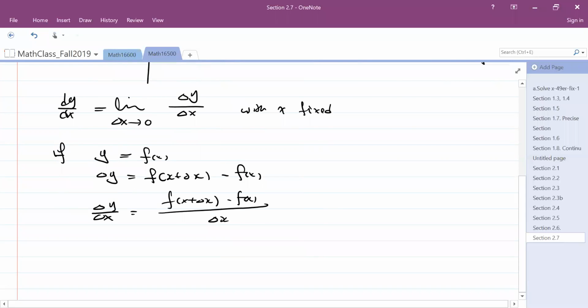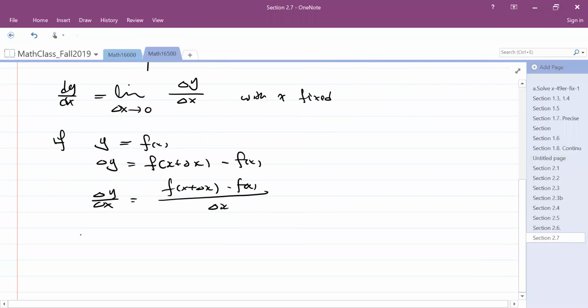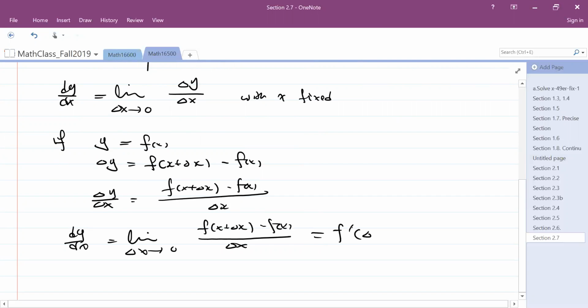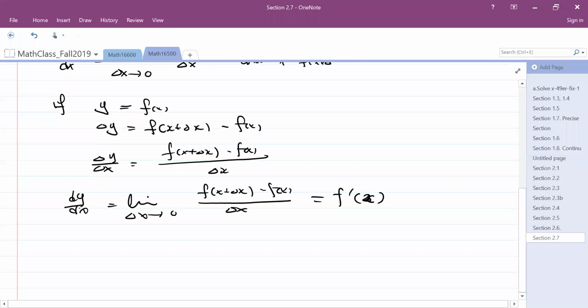So clearly, when delta x approaches 0, the limit is going to be the derivative. So dy/dx is going to be the limit of this ratio. This is also simply denoted by f prime of x. So you get a brand new function. All right, so that's the meaning of the derivative.